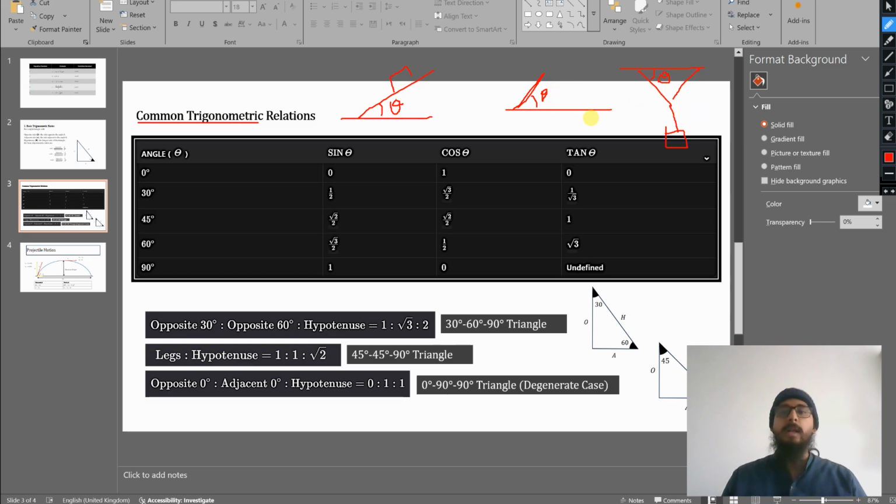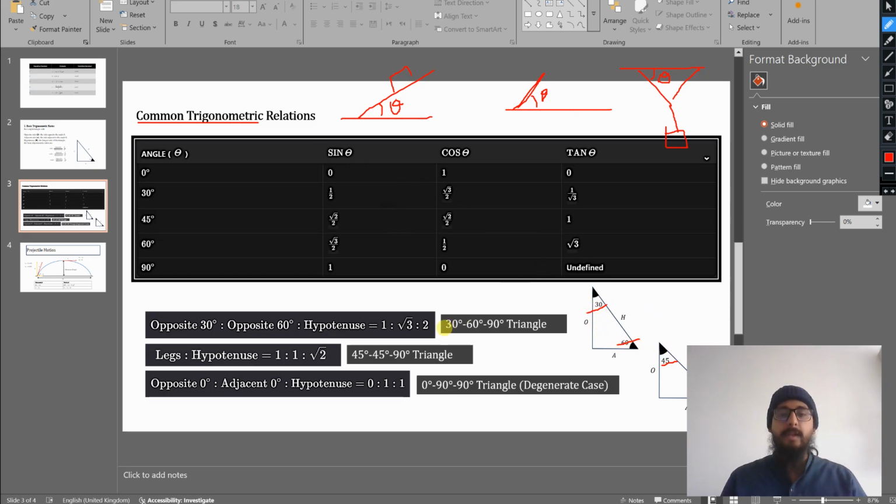So these theta are usually 30 degrees, 60 degrees, or 45 degrees. They could be something else, but most commonly they are either 30, 60, or 45.